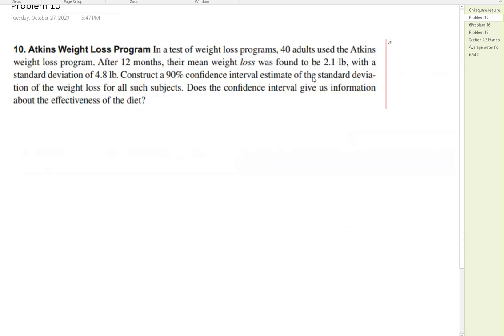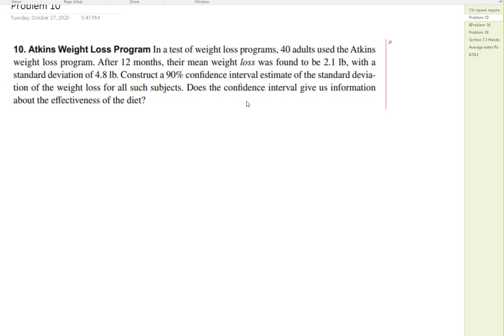In a test of a weight loss program, 40 adults used the Atkins weight loss program. After 12 months, their mean weight loss was found to be 2.1 pounds with a standard deviation of 4.8 pounds. Construct a 90% confidence interval estimate of the standard deviation of weight loss for all subjects. Does the confidence interval give us information about the effectiveness of the diet?